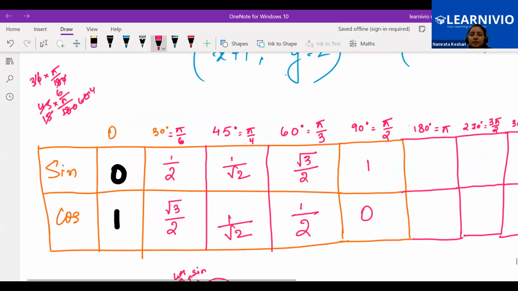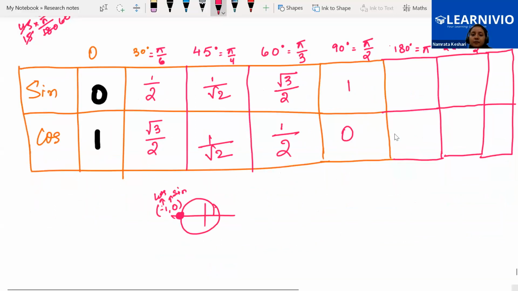See, here I have drawn the circle. Can you see it? Yes, ma'am. -1, 0 I have written over here. That is the coordinate we know since it's a unit circle. And we also know that the x coordinate is nothing but cos and y coordinate is nothing but sine. So what is cos pi? What is sine pi?